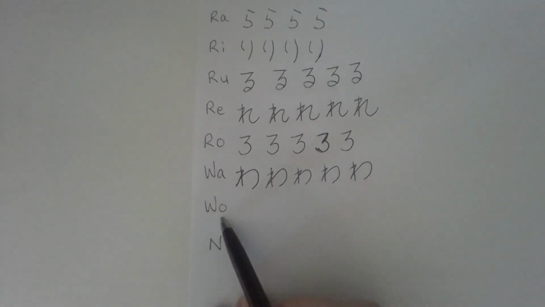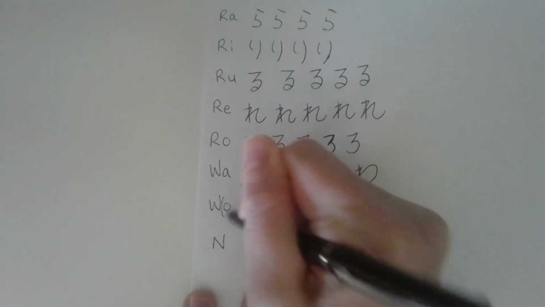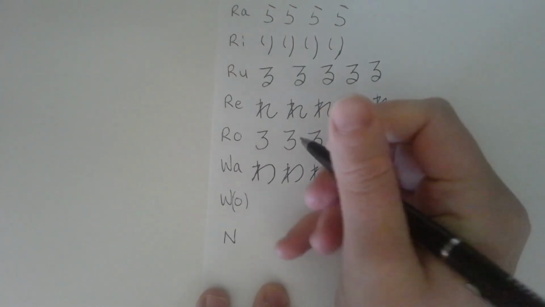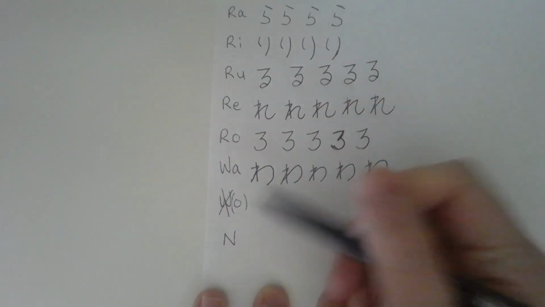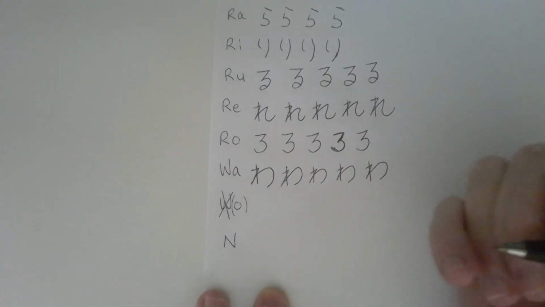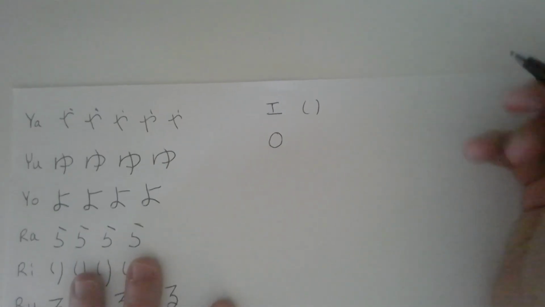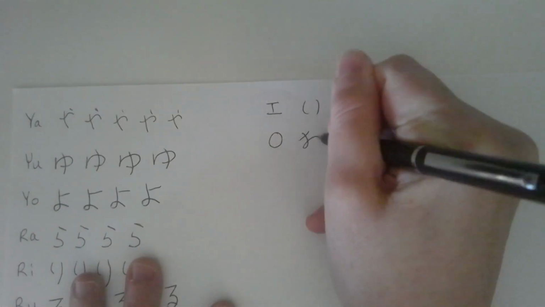Right, and then this one, it's actually pronounced just with an O sound. There's no W sound. But we're writing wo to distinguish it from the O hiragana, the O vowel, which was this one.